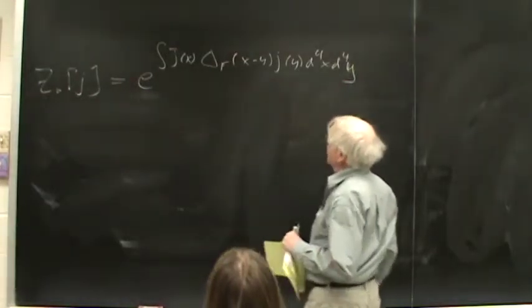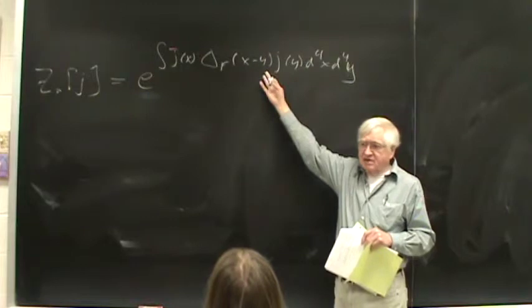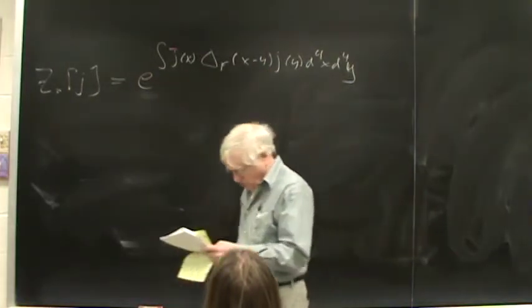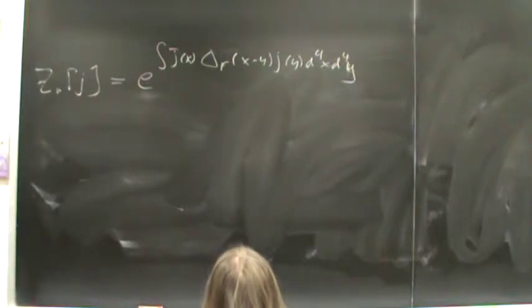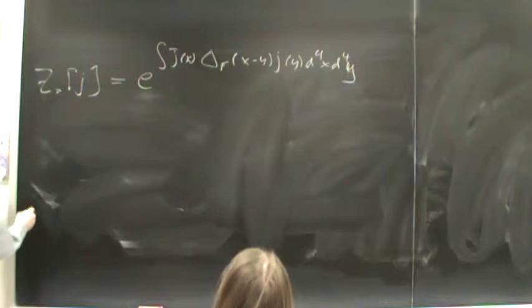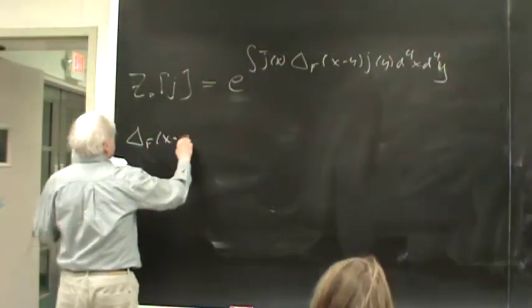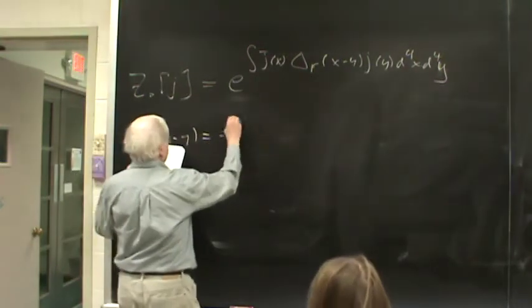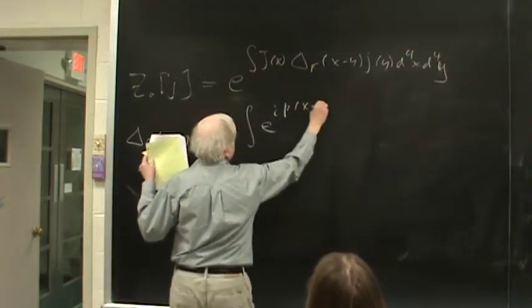So if we functionally differentiate with respect to j, we pull down the propagators in position space, or over there in momentum space. And this delta of x minus y, let's just see what it actually is. It's minus i integral e to the i p (x minus y).